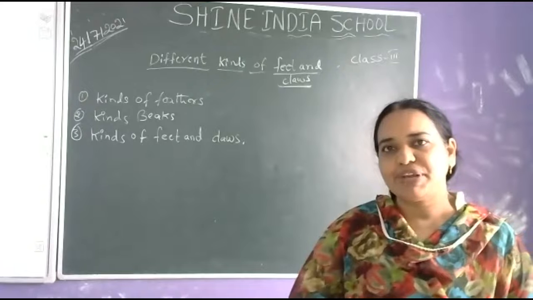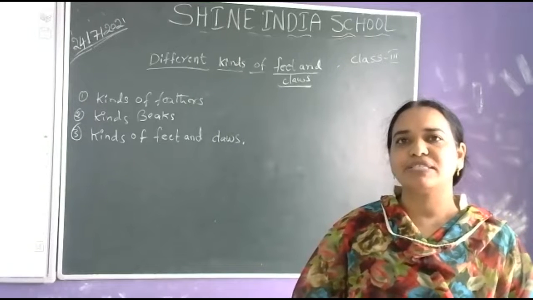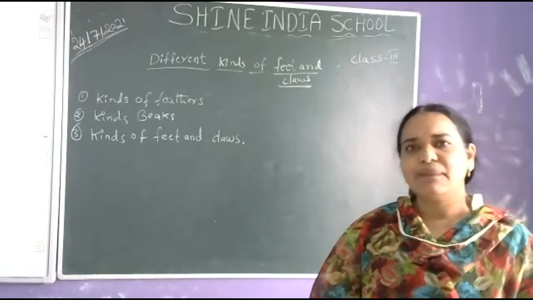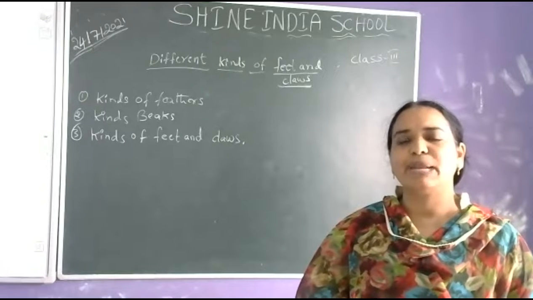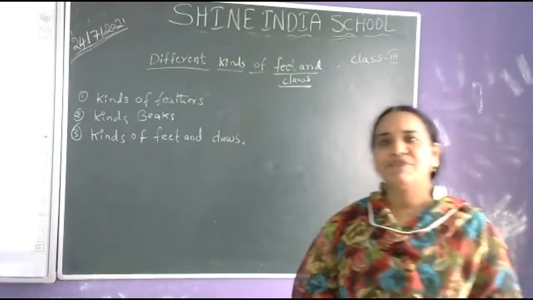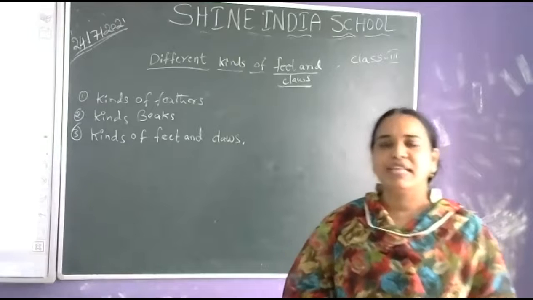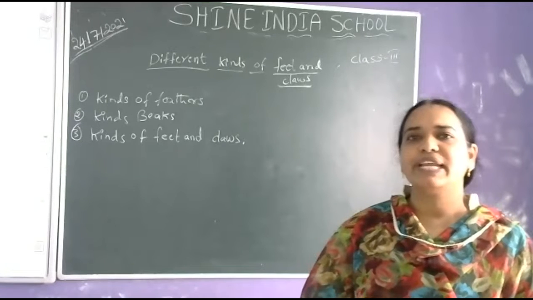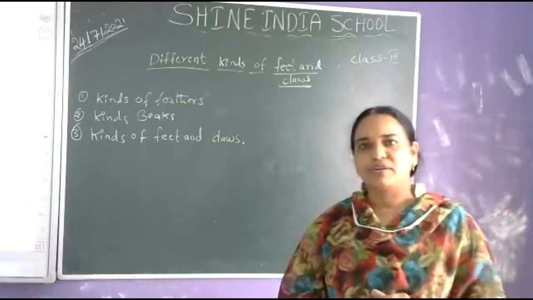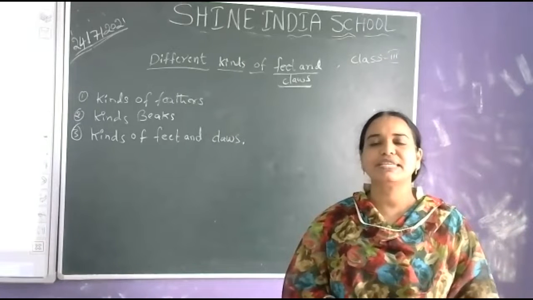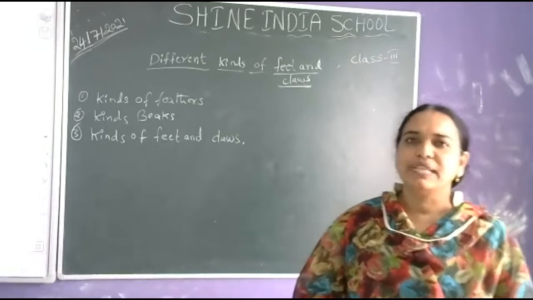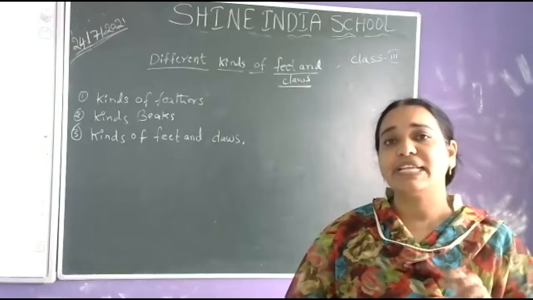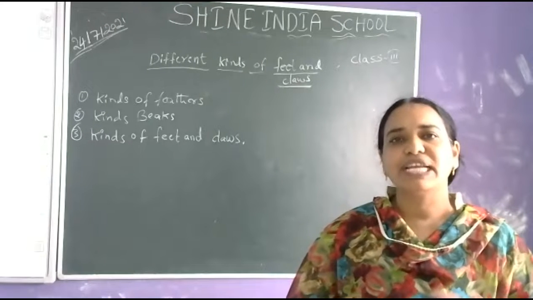Why do they have different kinds of feet and claws? These claws and feet help the birds. They are different according to where they live, the type of food they eat, and whether they need to walk or swim.